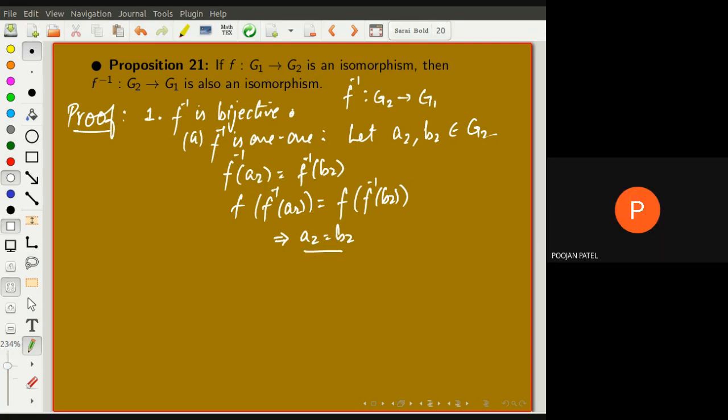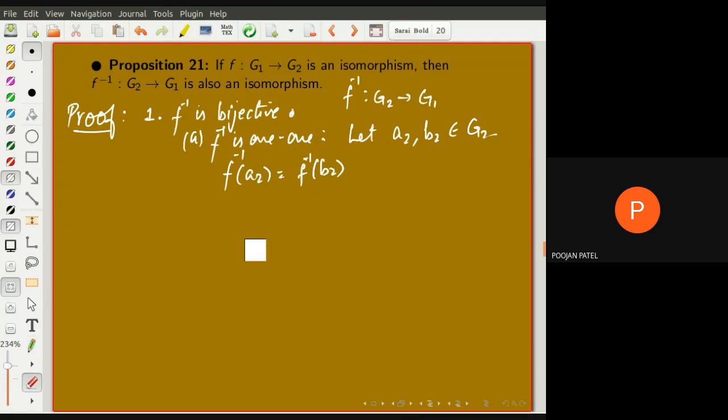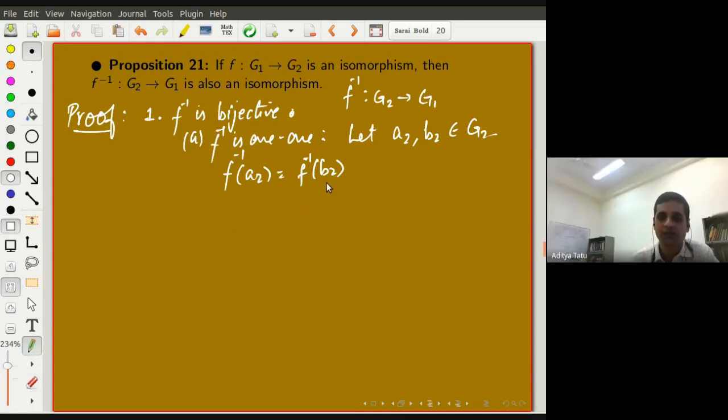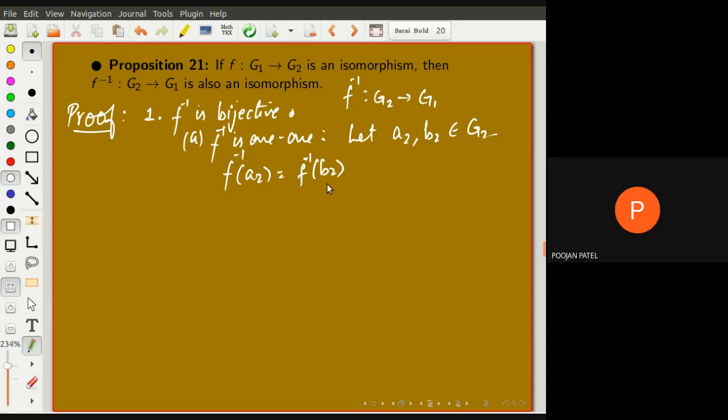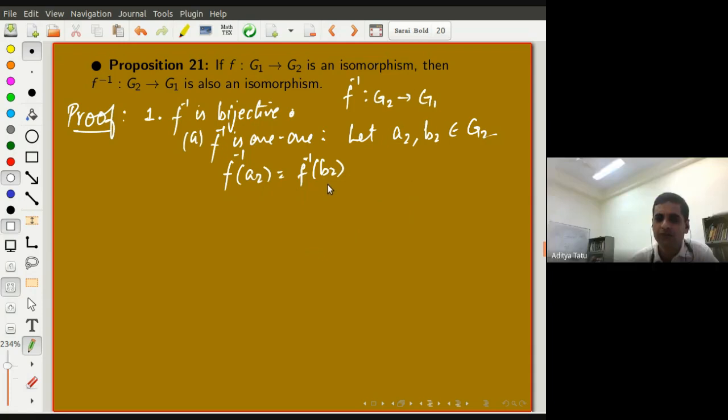Sir, instead, if we multiply the above equation on both sides by f of b2. Okay, let's try that out. So what do you want me to multiply? Both sides by f of b2. No, but you cannot. F of B2 is in G2.